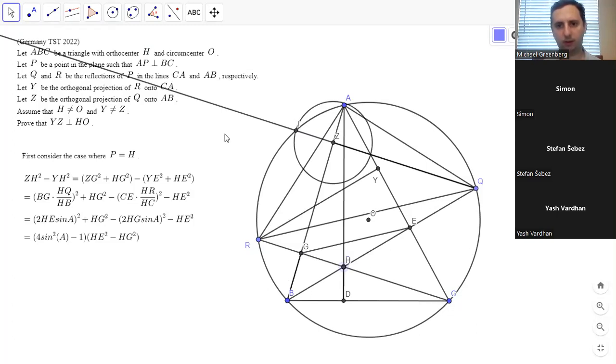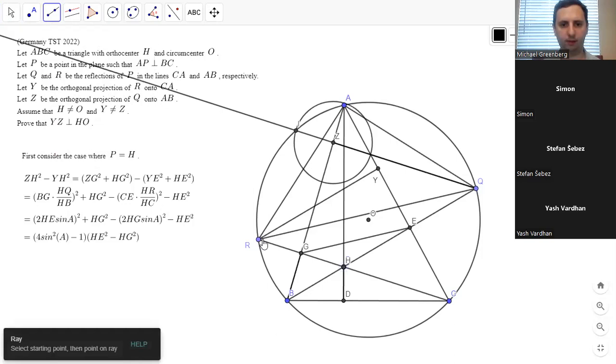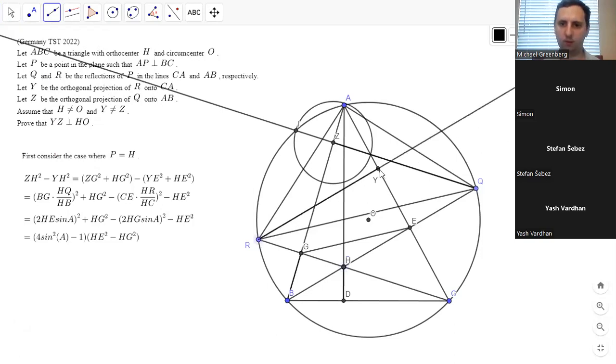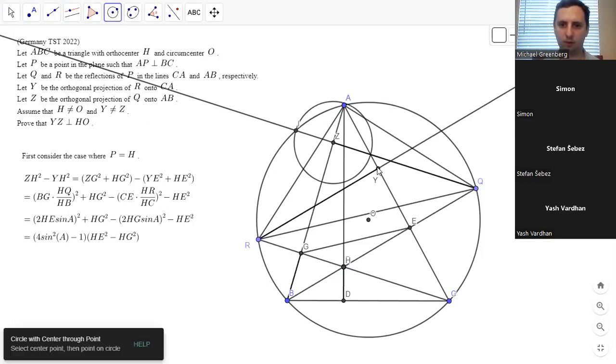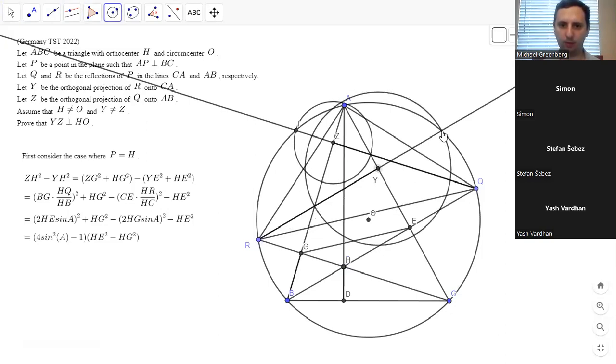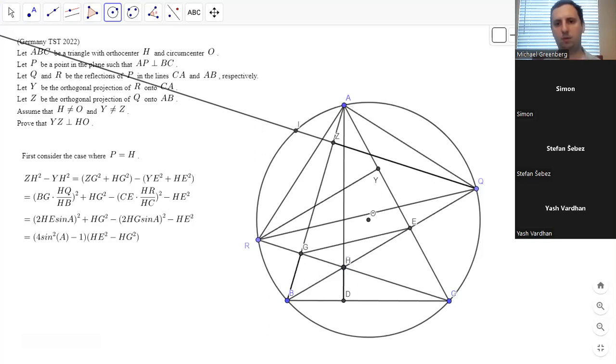It kind of looks like it. And then if I did it like this, then would Y be the midpoint of this? It looks like it. Right? Actually, I wonder if this point is the orthocenter. Well, it is the orthocenter, actually.